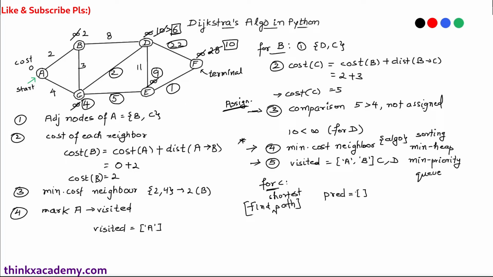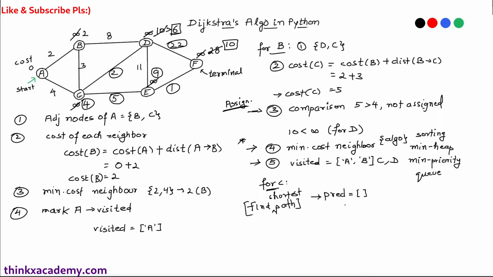Whenever we do a comparison, we are just going to append the predecessors inside of this set, and for each and every node we will have a set of predecessors from the starting point A, and this way we can actually get the shortest path, right? So this part will become more clear when we take a look at the algorithm.